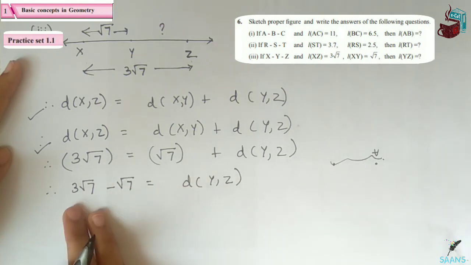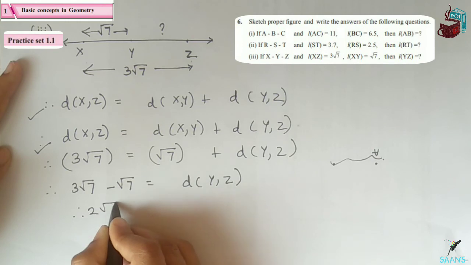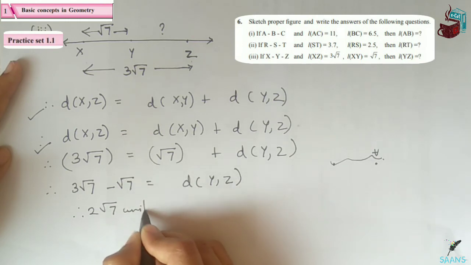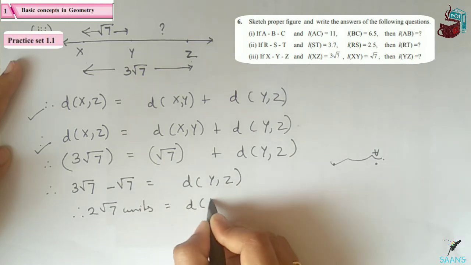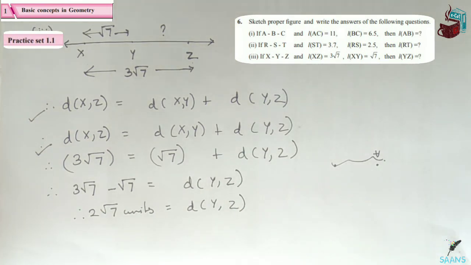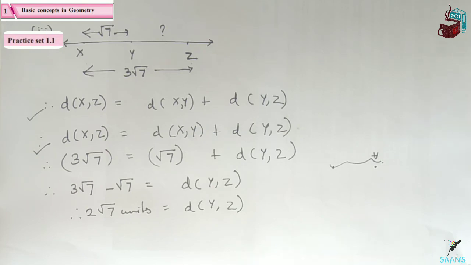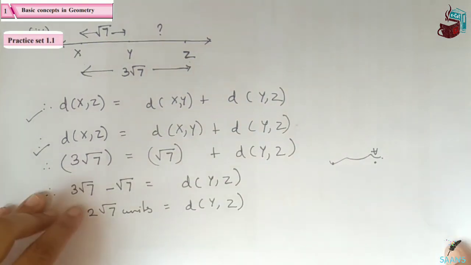Imagine x is there, so 3x minus x is nothing but 2x. Answer is 2 root 7 units is equal to distance YZ. So this is your sum. I have not written all the steps for these sums properly, this one specifically, but make sure you write all the steps. Okay, and we will be done.